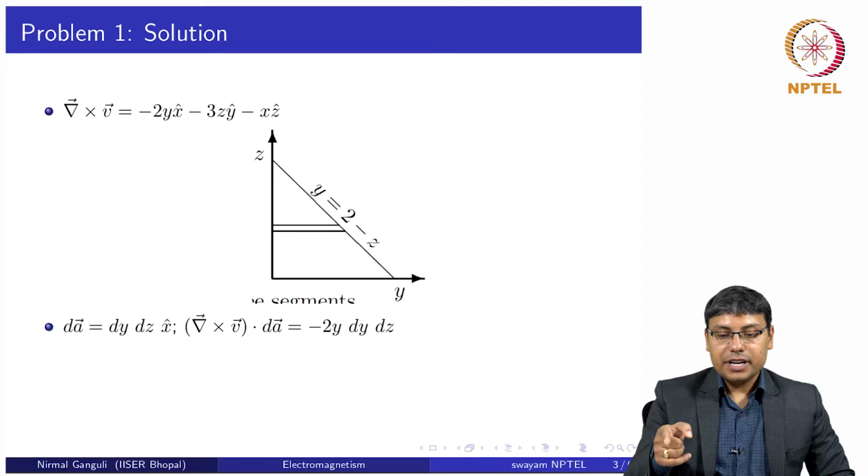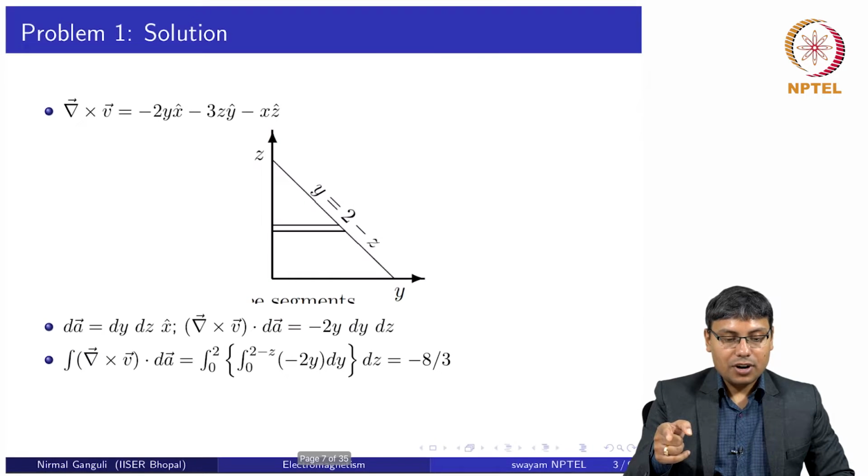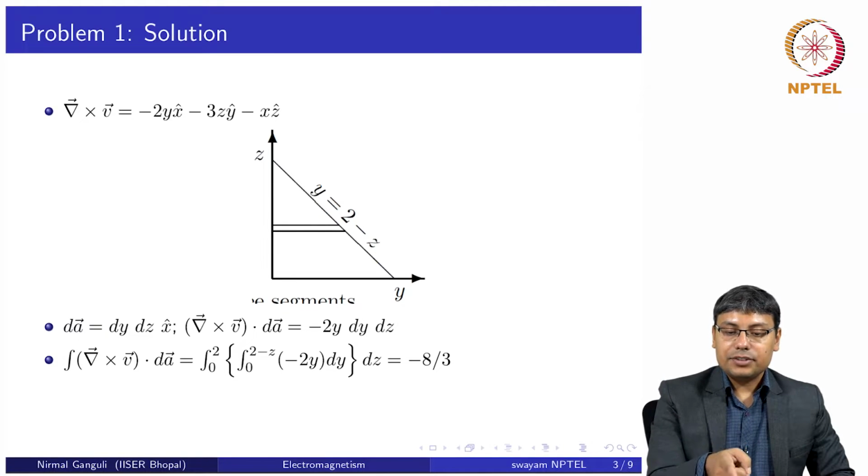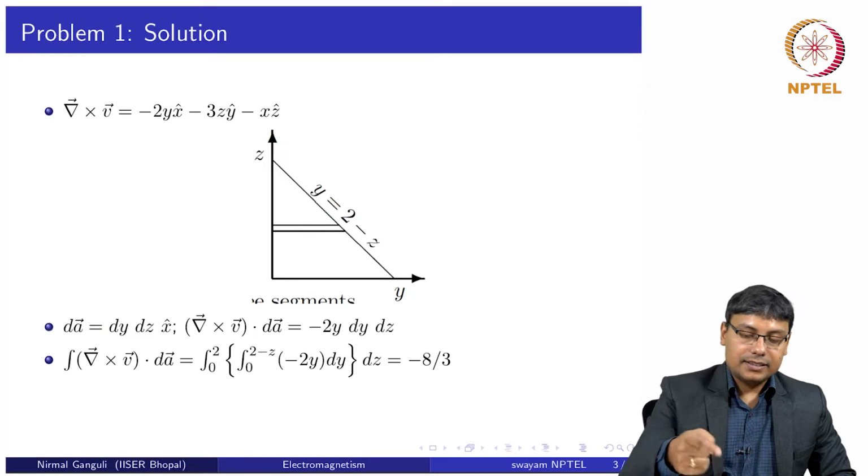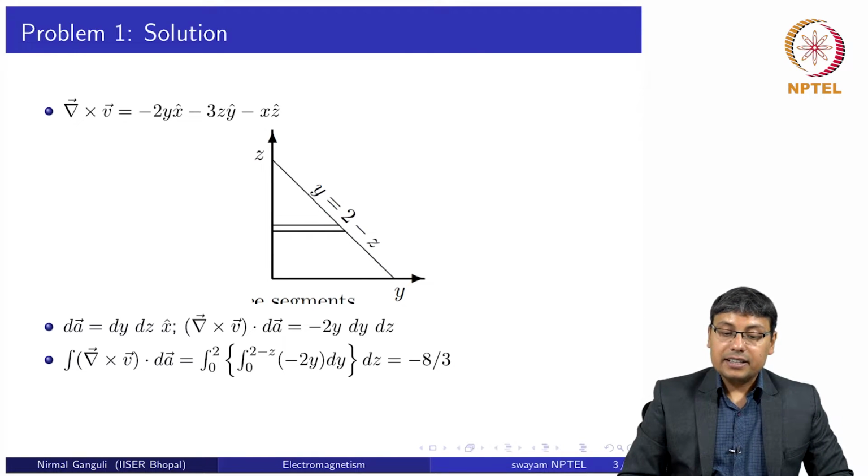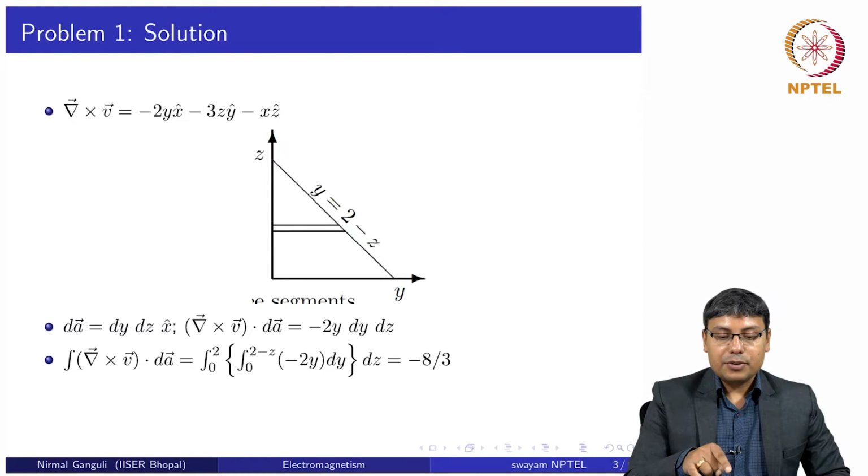So, what would be the range of y? The range of y, as we can see, will be from 0 to 2 minus z, that is from 0 to this slanted line that we have, and the range of z would be from 0 to 2. So, for performing this integral, we will have to first perform an integral over y.